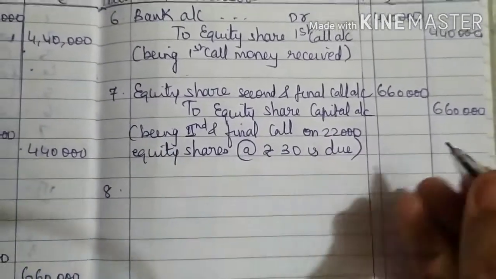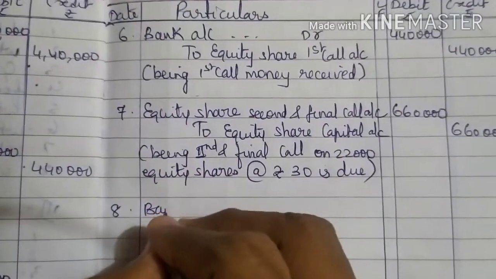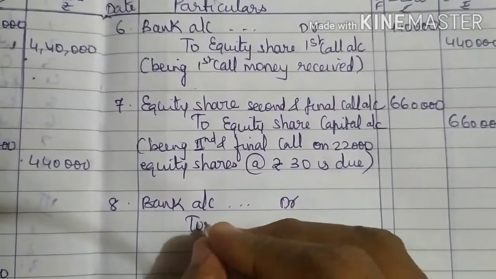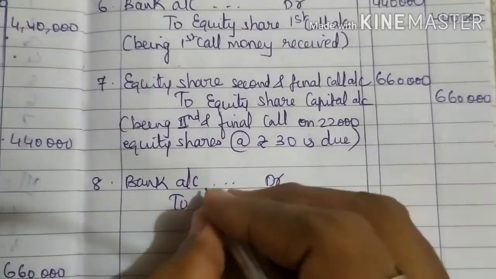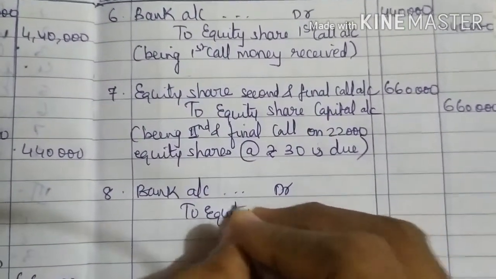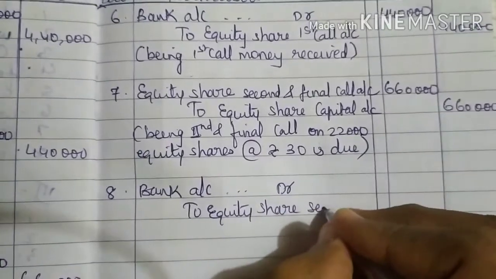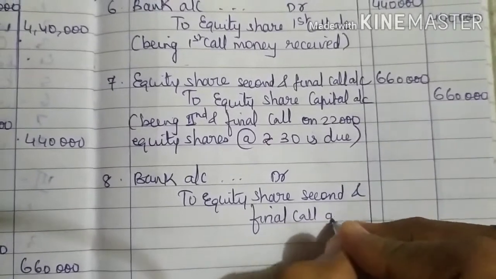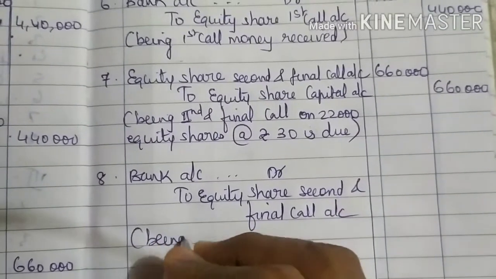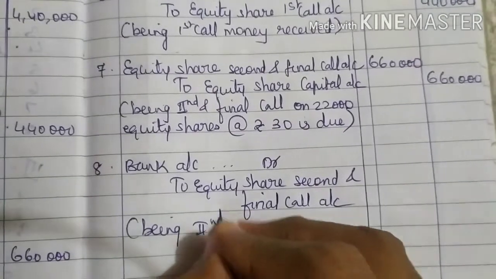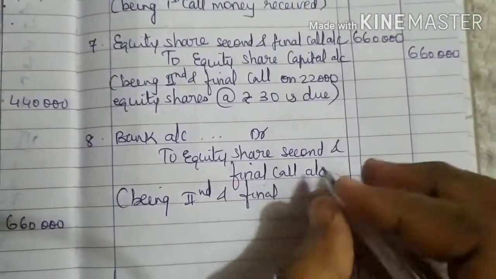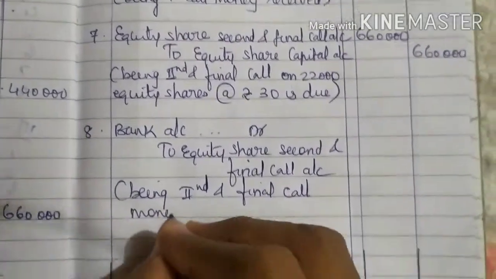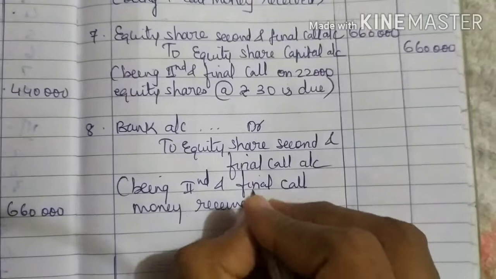Eighth one, we are receiving the money now. So bank account debit to equity share second and final call account, being second and final call money received.